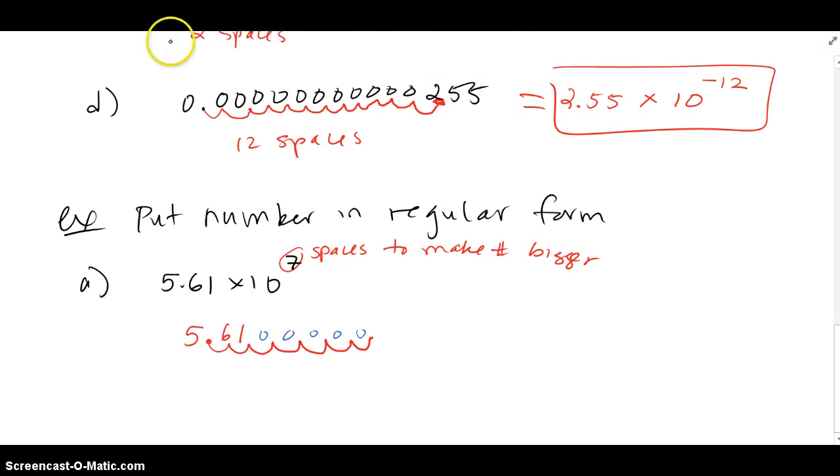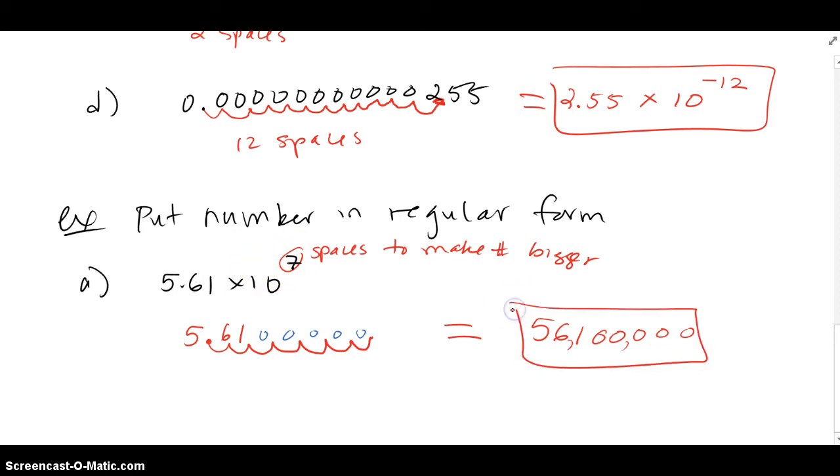So the number in regular form must have been 561 and 5 zeros. So I was looking at 56,100,000 is what I was dealing with when this number was given to me in scientific notation.